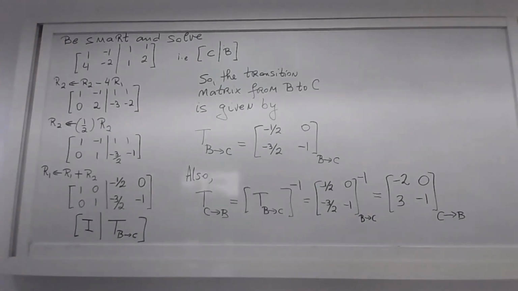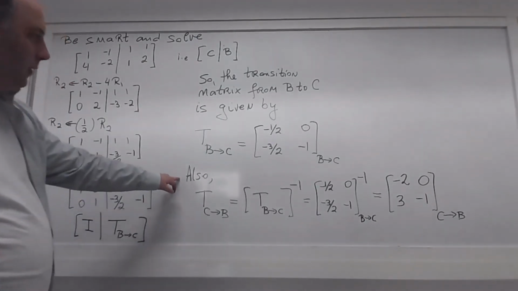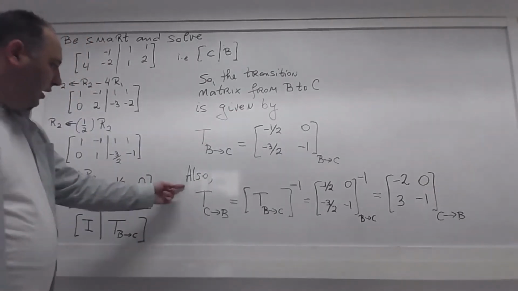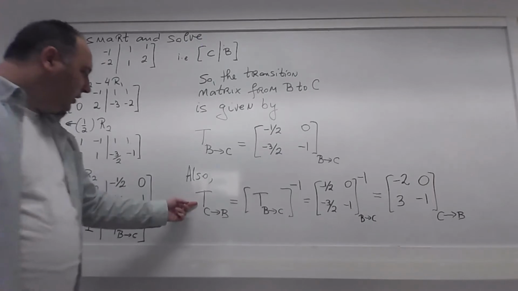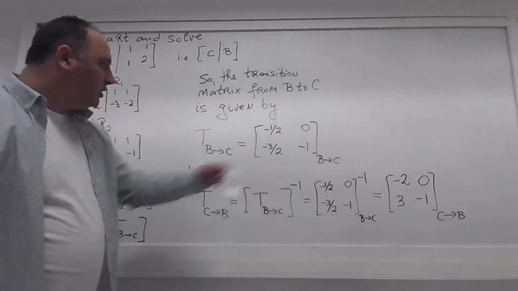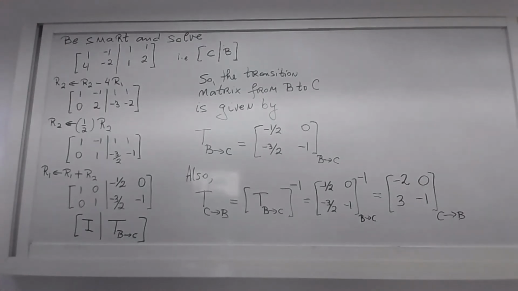We also see it's square and it is invertible, obviously. So we know also that the transition matrix from basis C to basis B will be the inverse of this one here. We saw that. So once you find one, you can compute the other by computing the inverse, if computation of the inverse is fast.